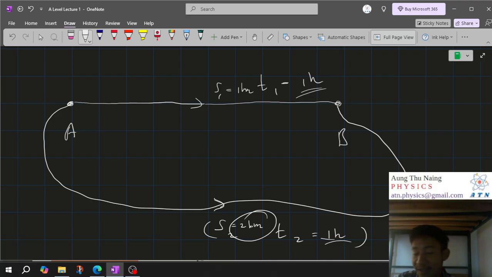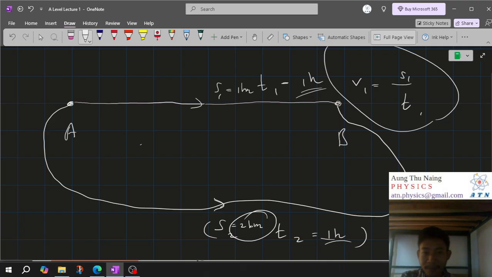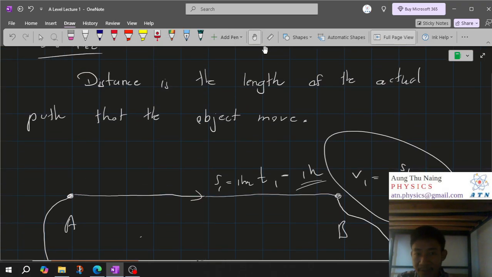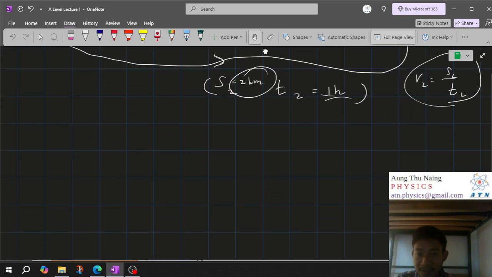So mathematically, we can take a ratio: V1 is equal to S1 divided by T1, and V2 is equal to S2 divided by T2, and we can get the speed. Since distance is a scalar quantity, the speed is also a scalar quantity.